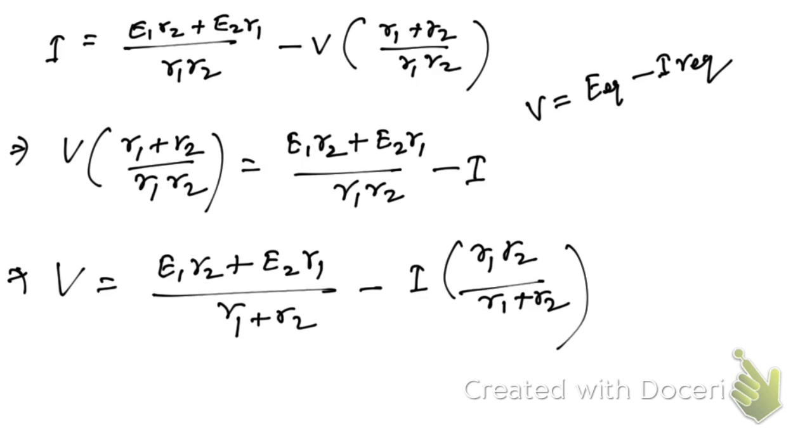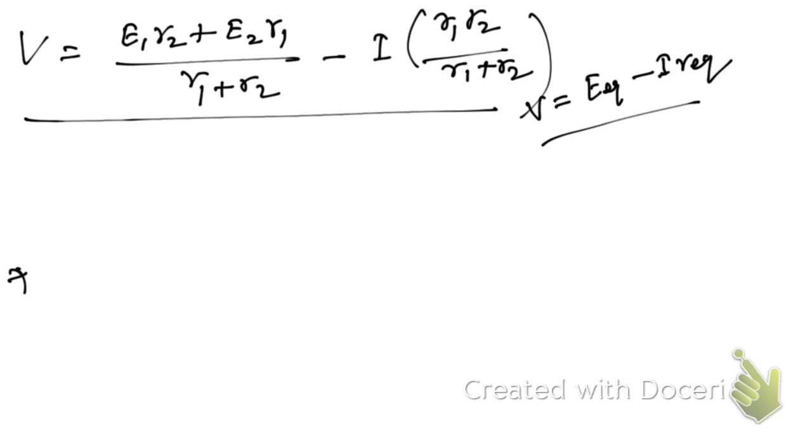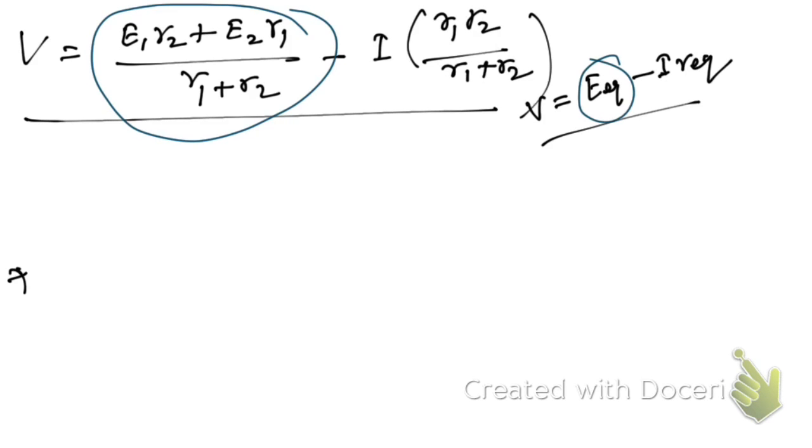So now if you compare these two equations, this one and this one, then what will you get? Now let me clean the above equations. So now you see, you can compare this one with this E equivalent, and you can compare this one with R equivalent.